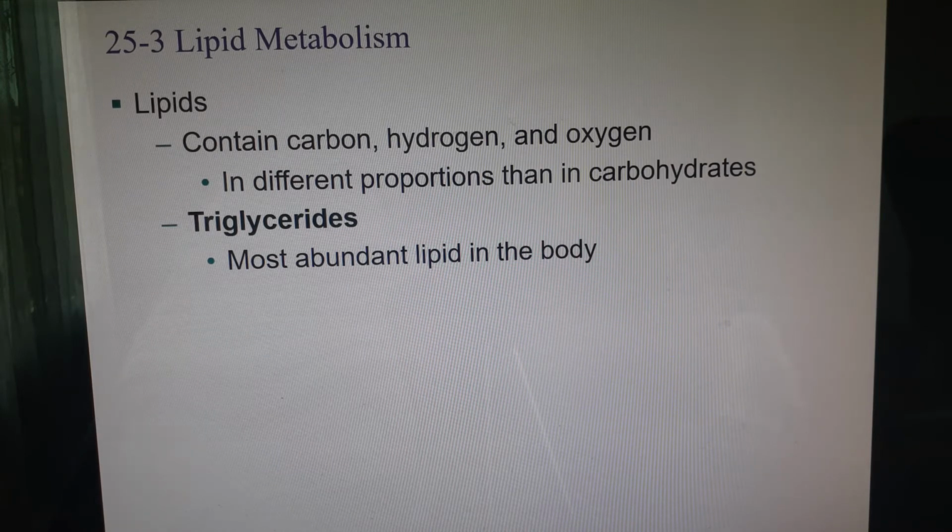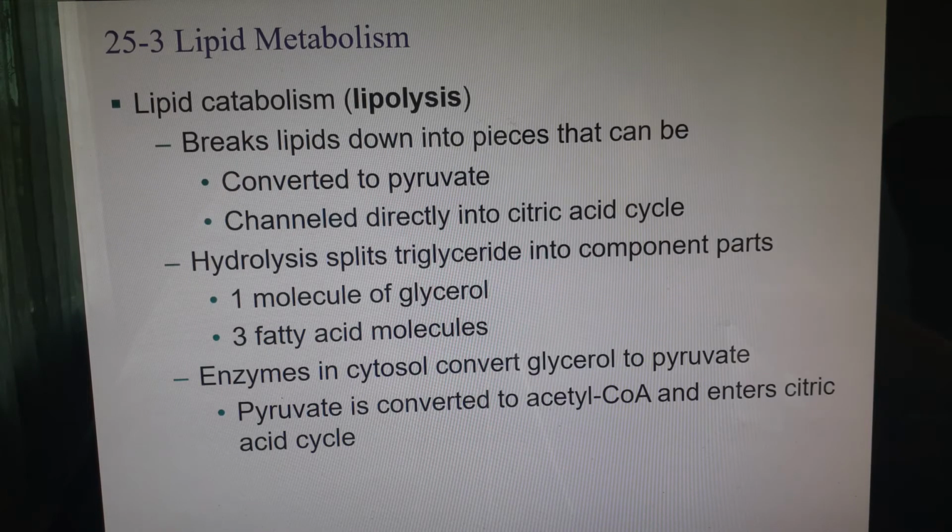What about other sources of carbons? Well, lipids. Our triglycerides have carbon, hydrogen, and oxygen, but not in the particular proportions that we have in carbohydrates, right? It's not a 1-to-1 ratio like C6H12O6. Triglycerides are the most abundant lipid in our body, but we build those out of fatty acids.